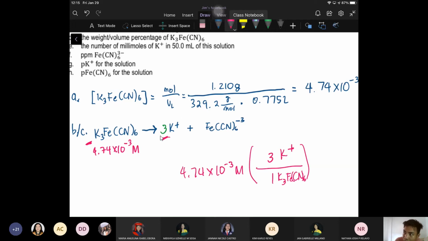So, use your coefficient to get their multiplier. So basically, to get K plus, we just multiply this concentration by 3. Kopyahin ko na lang lahat ng numbers.